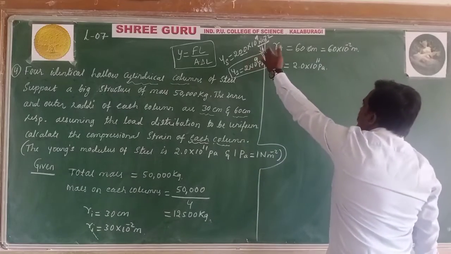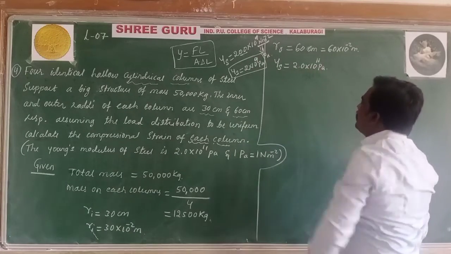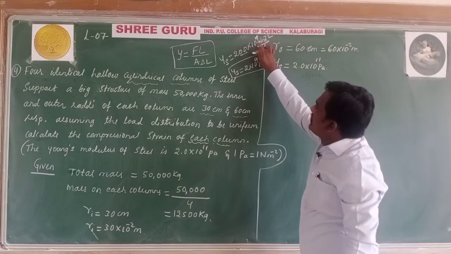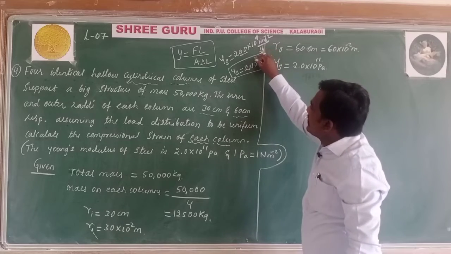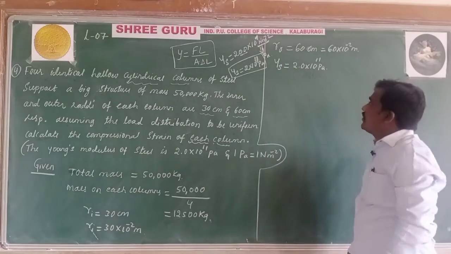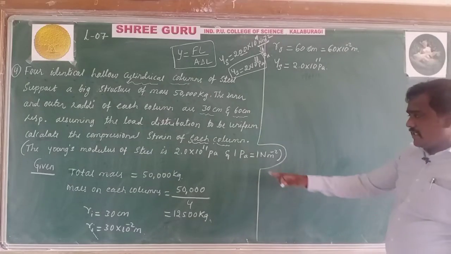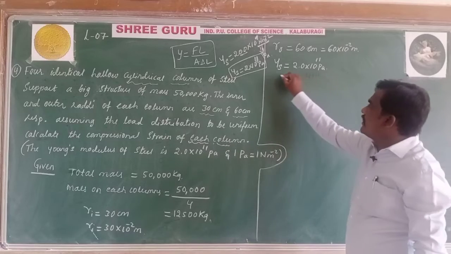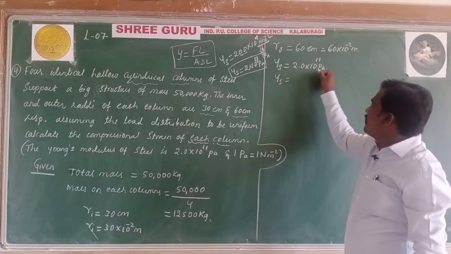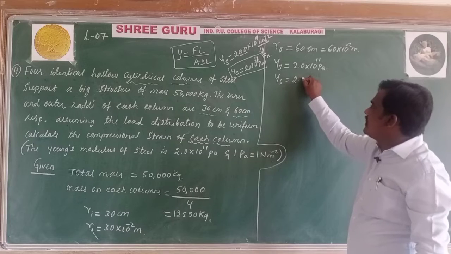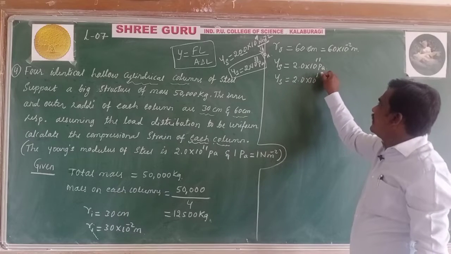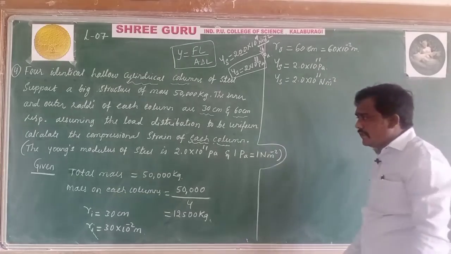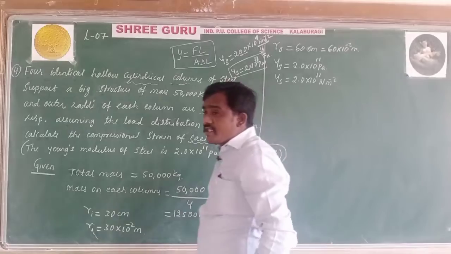We can write 200 into 10 to the power of 9 or 2 into 10 to the power of 11. And 1 Pascal is nothing but 1 Newton per meter square, so if you don't want it in Pascal, just convert 2.0 into 10 to the power of 11 Newton per meter square. Okay, we should find the compressional strain.